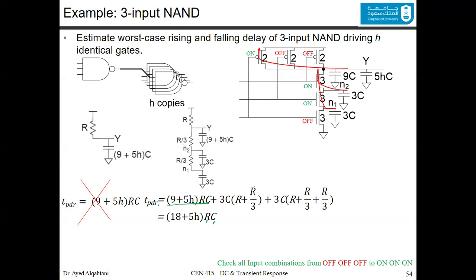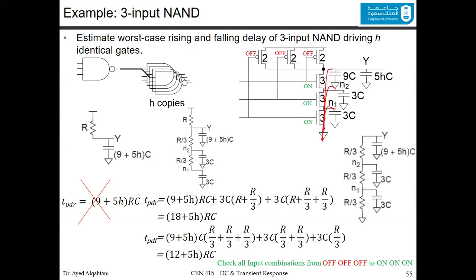What about the falling delay? The falling delay has only one case and one case only. This is when this is on, and this is on, and this is on, because you need a path to the ground to discharge. So it's on, which means those three are off. So you worry about Y, N2, and N1, indicated by 3 resistances.